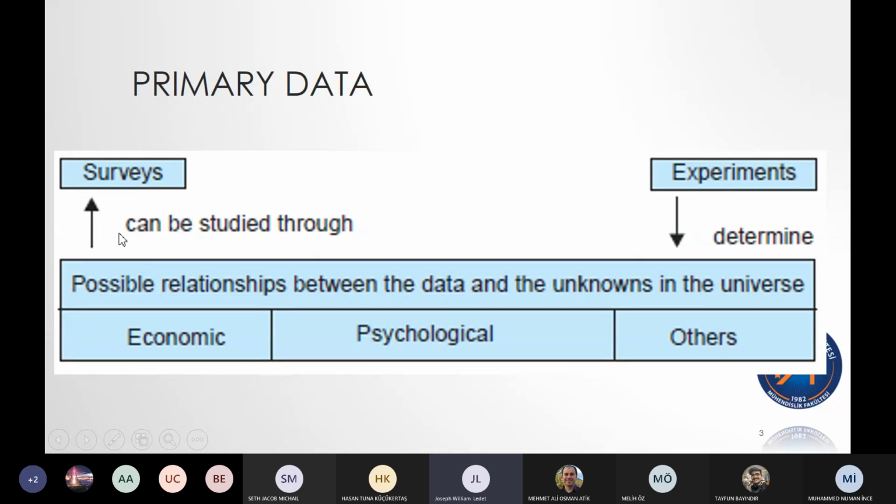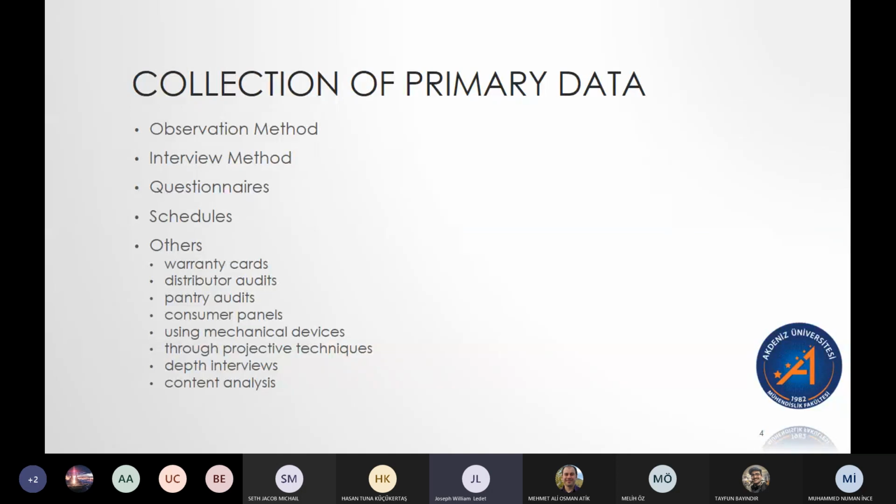We gain that knowledge through asking questions, and don't think of surveys as just asking questions. It could be any type of survey of observation. In fact, the very first method that we'll talk about is the observation method, where we can observe some system or something in action.